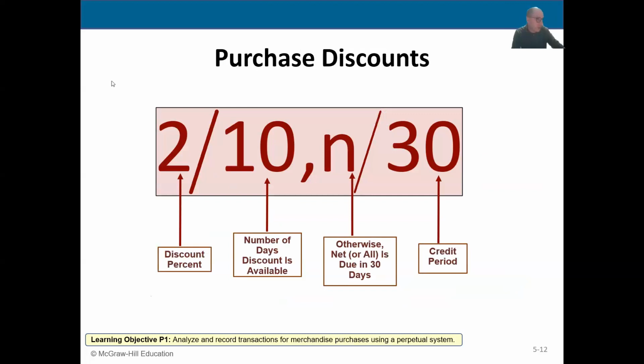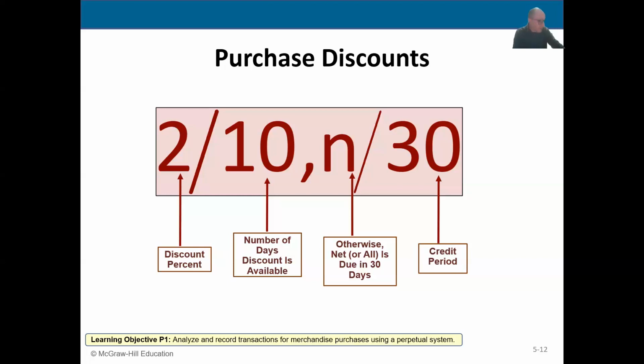This is what the discount will look like. It is not a formula, it is a way of writing the discount amount out. On an invoice, you might see the credit terms. This is the credit terms. This is the way it's written out.